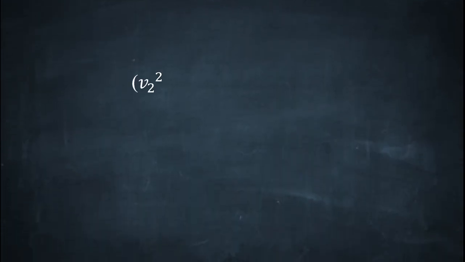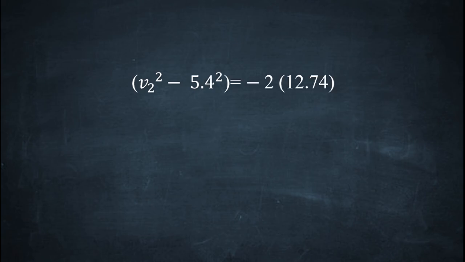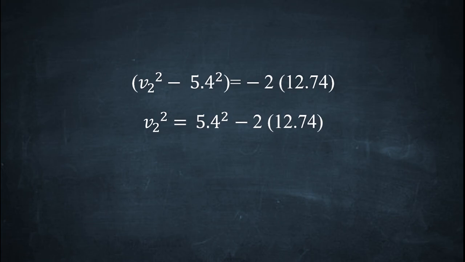Solving for V2 square, we will multiply by 2 on the other side. In the next step, as 5.4 square is subtracted from V2 square, when we shift it to the right hand side it will be added in the result.